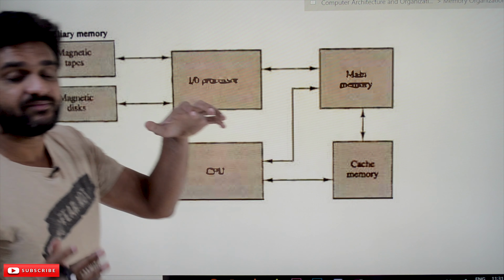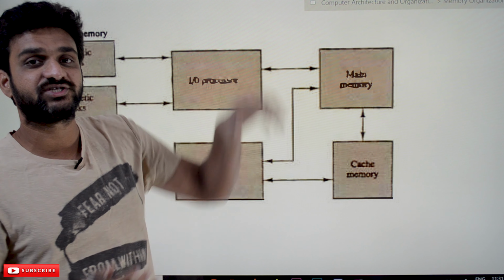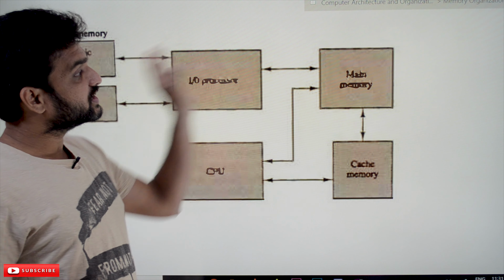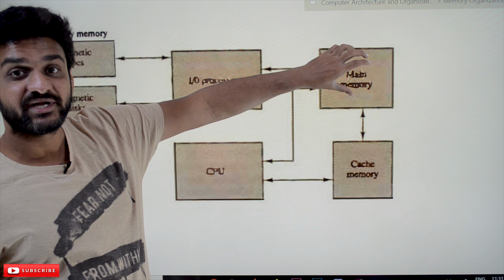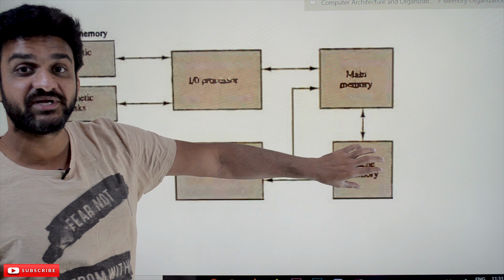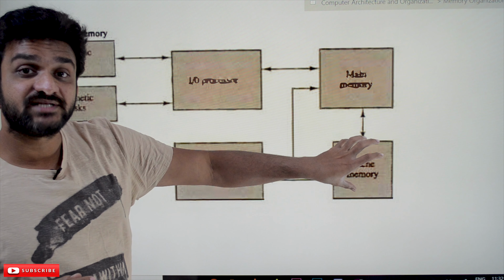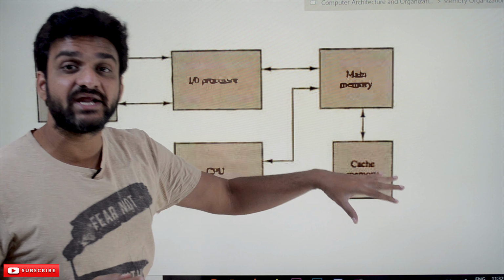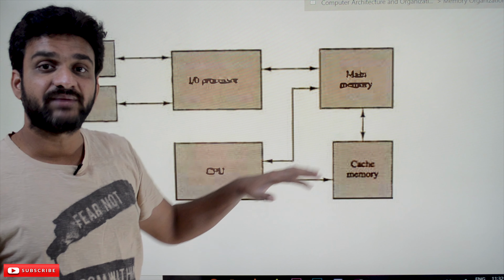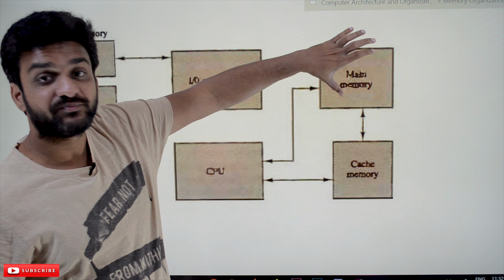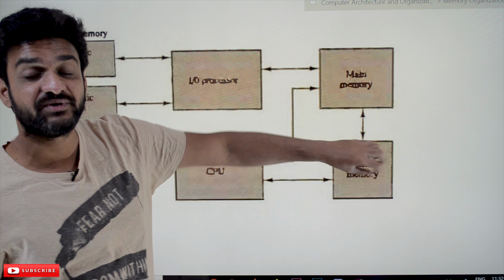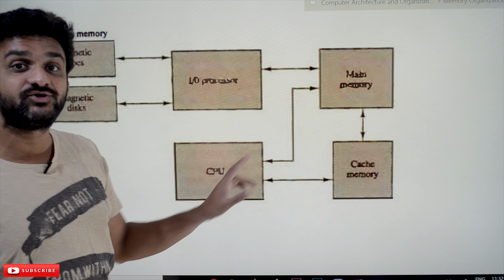So for example, if you have 100 instructions in our program, part of the program will get stored in the main memory, and part of that main memory content will get stored in the cache memory. Cache memory consists of those instructions which are very frequently used. So if some of the instructions are very frequently used, that part of the main memory program will get stored onto the cache memory, because it is very fast to access.